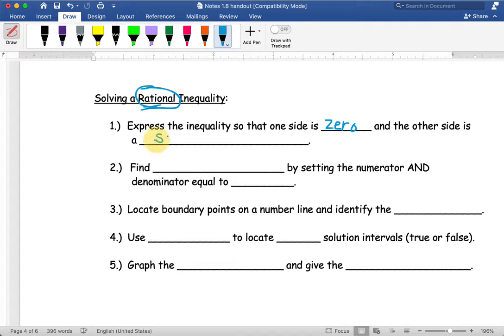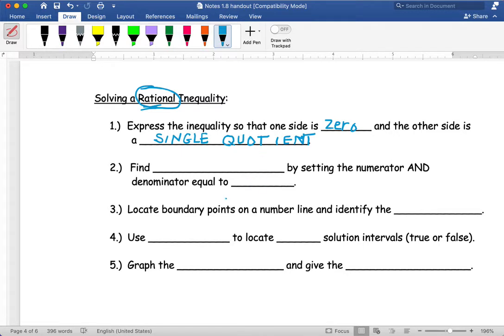You have to make sure that it is a single fraction or a single quotient, which is going to mean that we are going to have to get a common denominator for some of these problems.